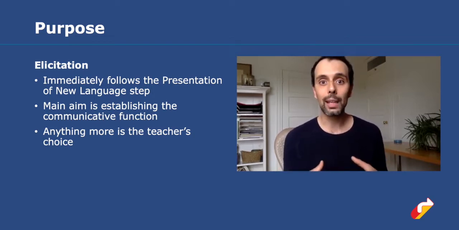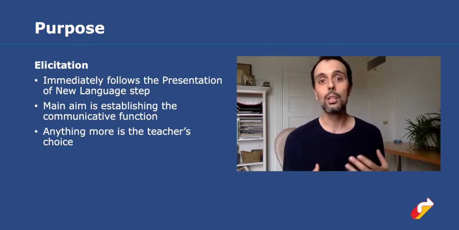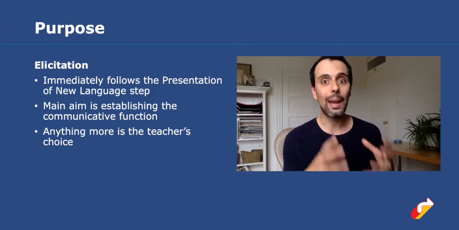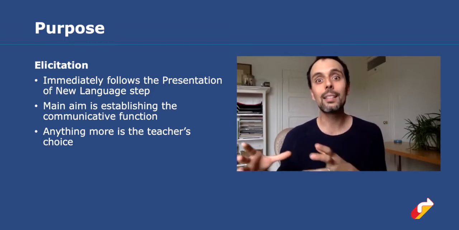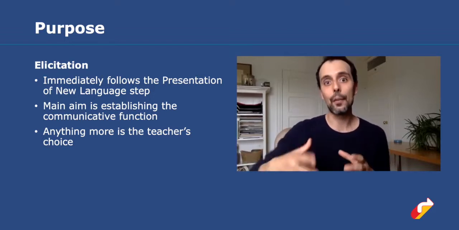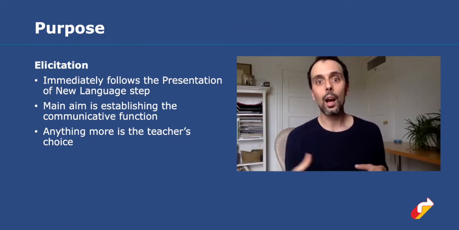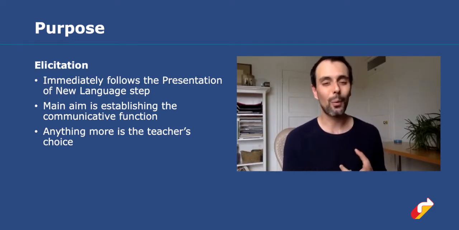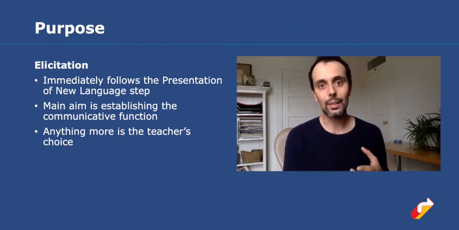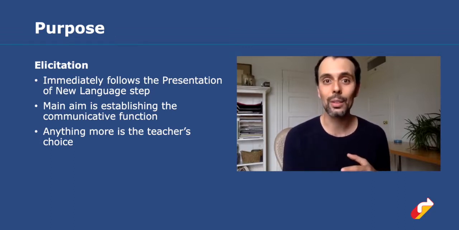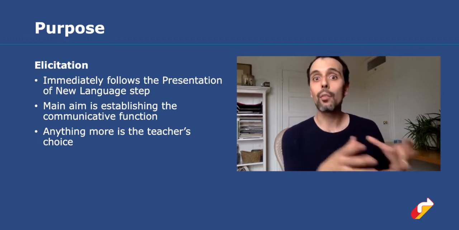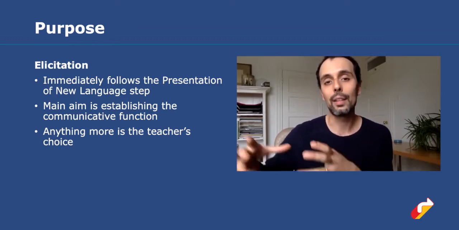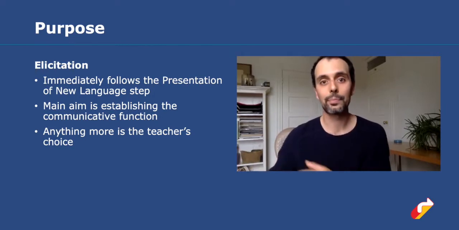Now, at that point, we can also start to cover some of the structural details of the grammar, or we may wait to cover those in the systematization step that's going to come a few steps down the line. Whether or not we do that depends on the complexity of the grammar point, the level of the details, and the context that we've chosen. We could cover some of those details now, or we could wait till the systematization step.